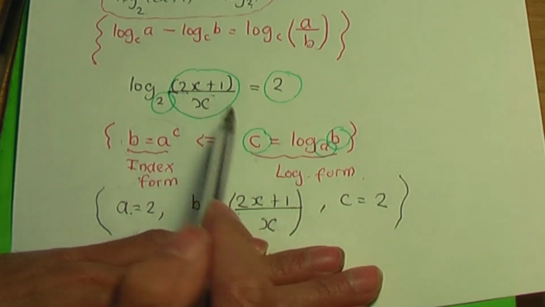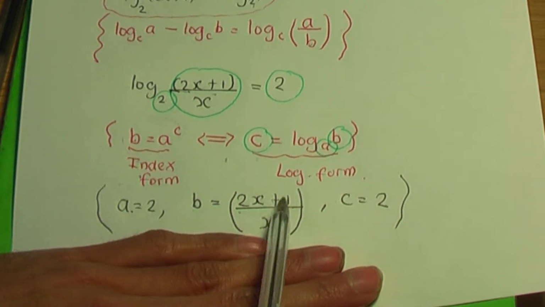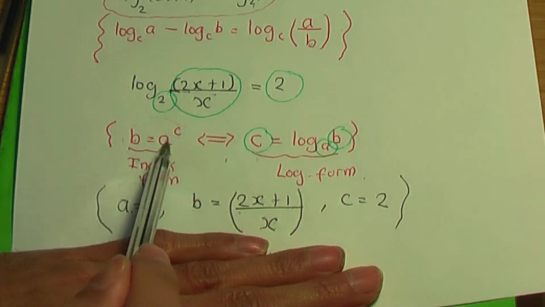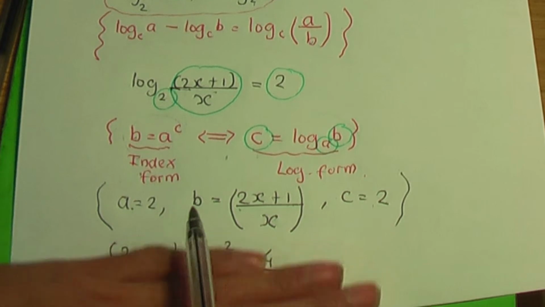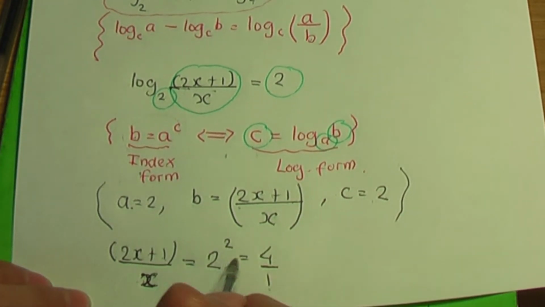So if I rewrite this equation over here, in this case b is 2x plus 1 over x. That is equal to a, which is 2, to the power of c, which is 2. So that is what I have over here. And 2 to the power of 2, that is 4.